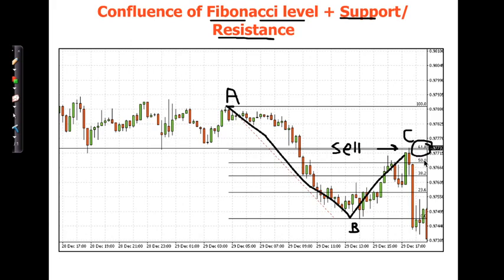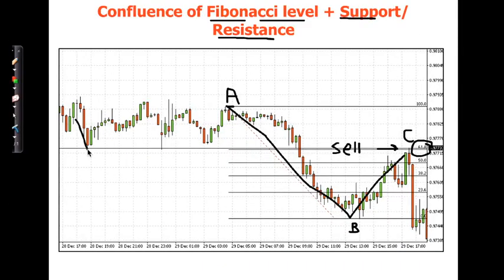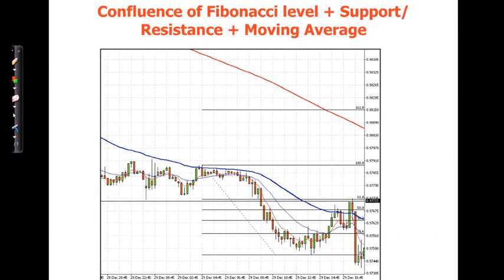Not only is it at a 61.8% level, but do you also notice that this level here, 9733, also happens to be a support? Support becomes resistance. So it has both a Fibonacci as well as a resistance level. That is why the chance of it going down is extremely high, and we only take high probability trades like these. And I'll teach you how to find them again in the lessons to come.